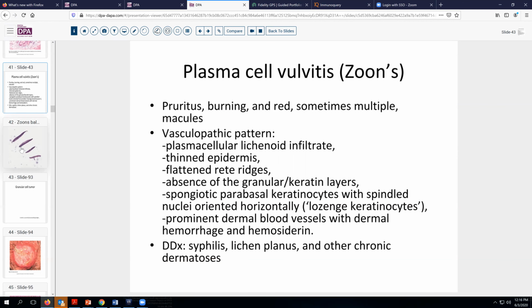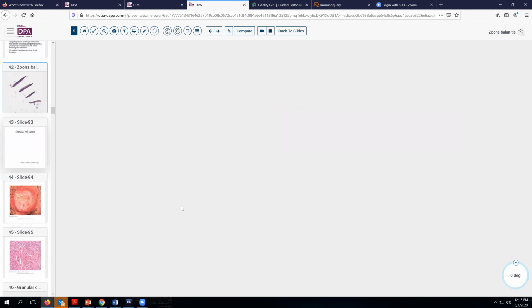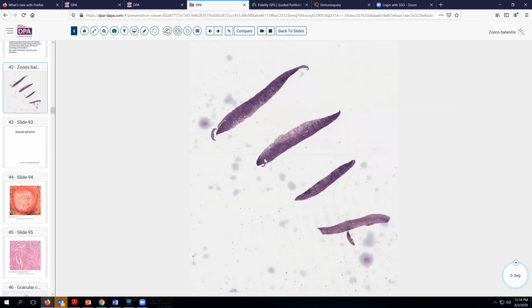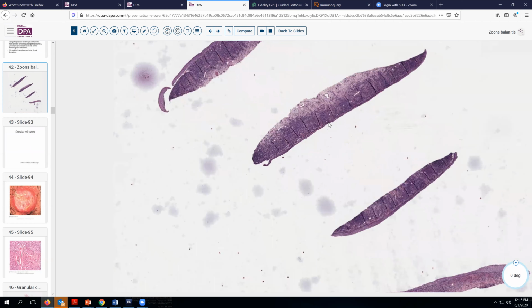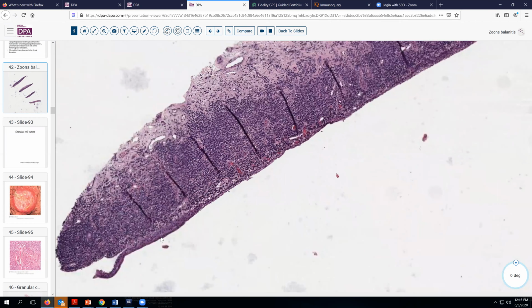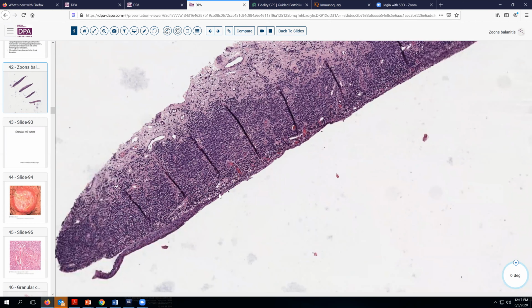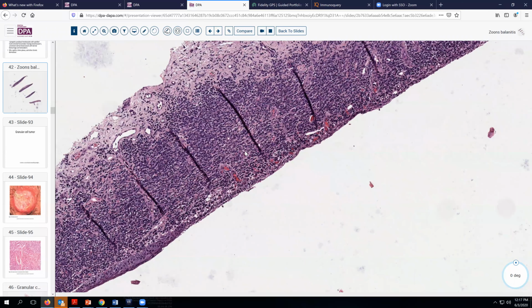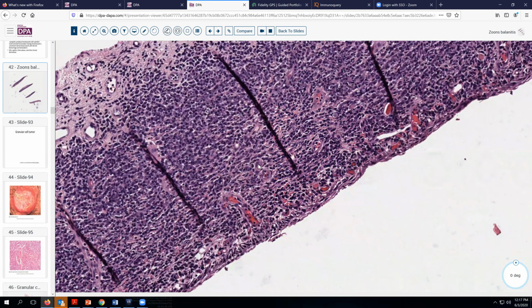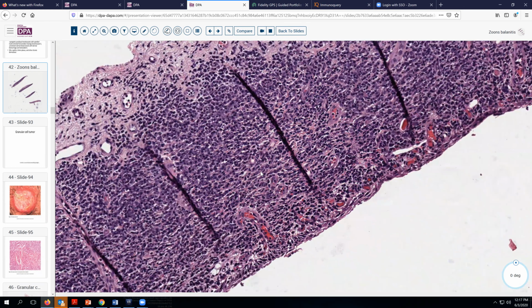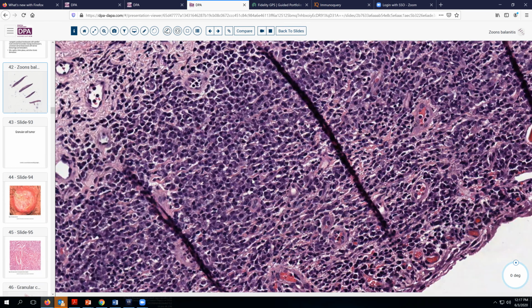And just to show you at least one stage of this, I thought I'd pick a nice digital slide here. You can see this will look kind of blue. Looking more closely, this is a case with a degree of epithelial atrophy or thinning. We see a very thinned layer here, and this very dense lichenoid band-like infiltration, which at higher magnification we can see is almost exclusively plasma cells.